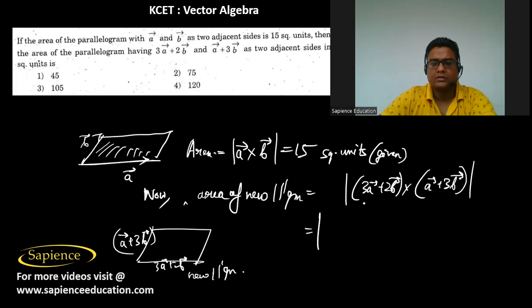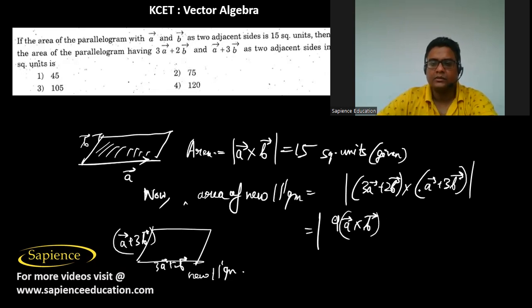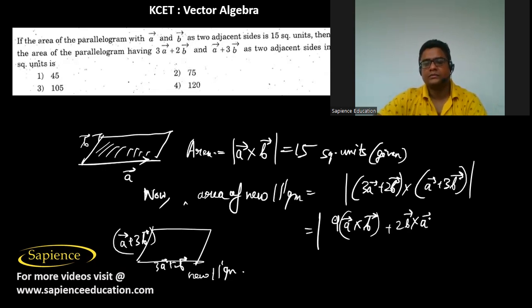So this will be mod of, now 3A cross A, that will be 0. And 3A cross 3B, so this will be 9 into A cross B, and plus 2 into B cross A. And B cross B will become 0.